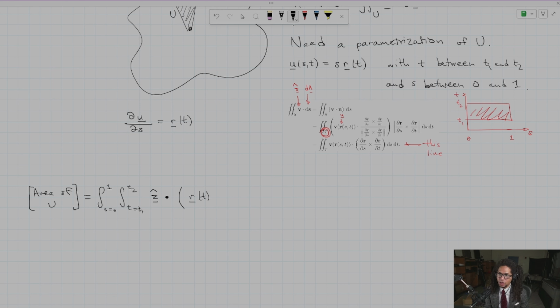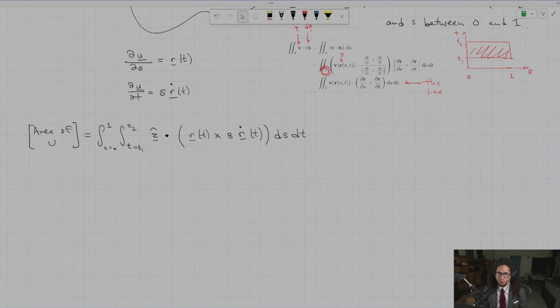Now dr dt. So up here, all I need to do is take a t derivative of this. But look, that's going to give me back the velocity times s r dot of t. Okay, so I'm going to have r of t cross s r dot of t ds dt. Great.